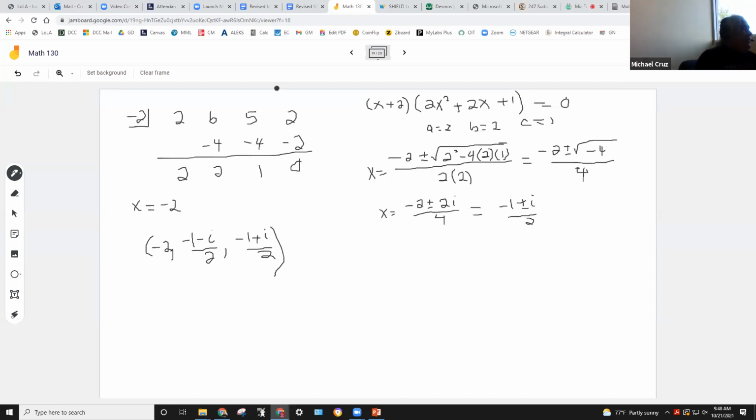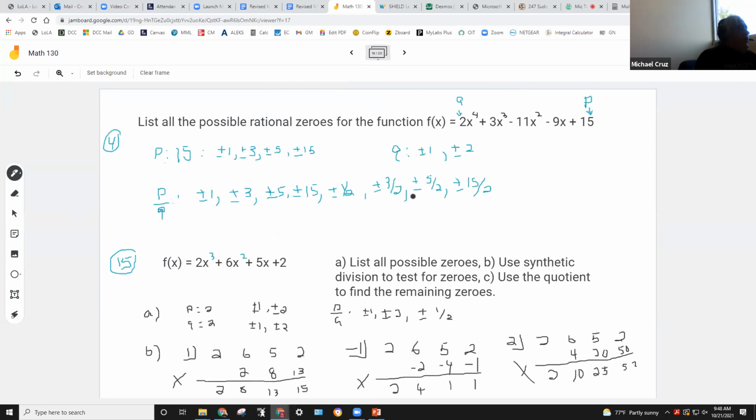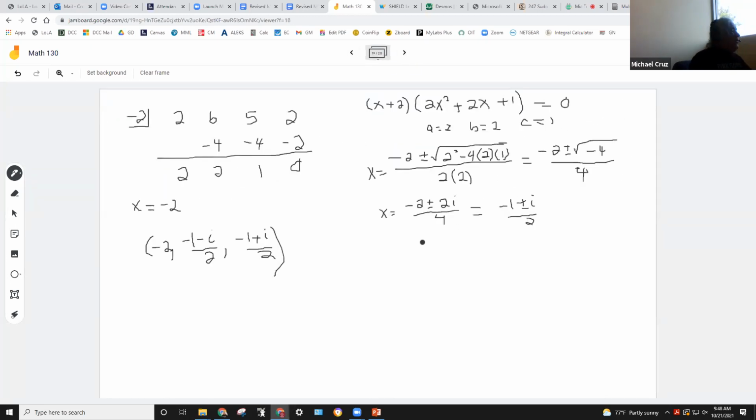And remember, it was originally a cubic, so that's what we were expecting, three solutions. Okay. So that's what they wanted to do. This was essentially part C here. All right. Any questions about that process?